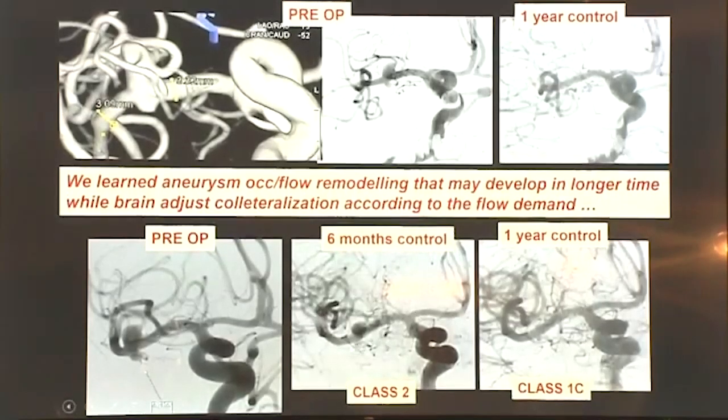Preoperative, 6 months later, it took a new shape. The small sac below is occluded, got smaller. However, it took 1 year to have the aneurysm occluded. It got occluded with the branch itself as well, filling in a retrograde fashion.